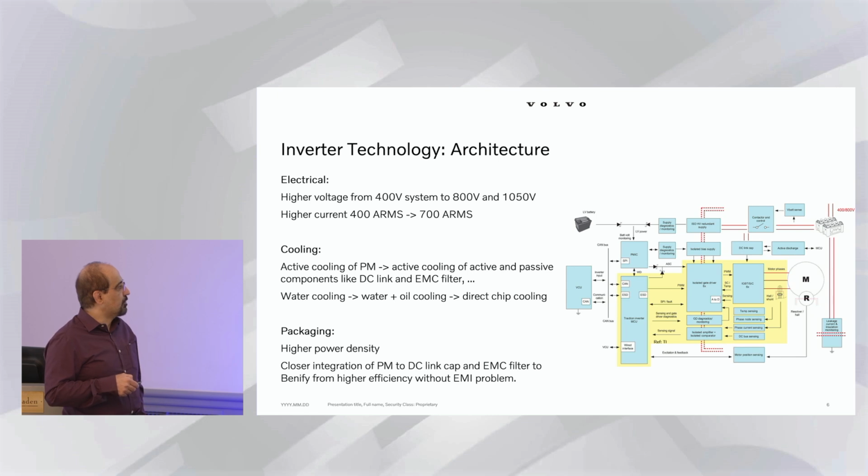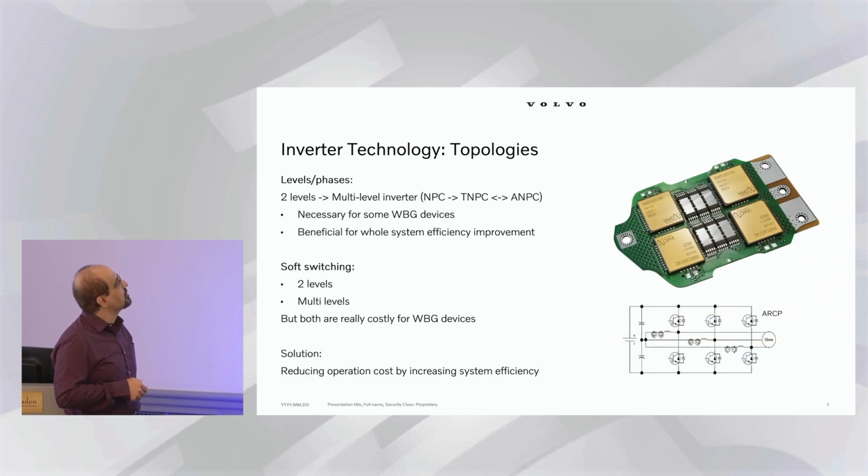Otherwise, we cannot fully benefit from inverter efficiency or deal with the EMI problem. I think this is something in architecture that can be affected. As I said, it is not limited to that, but I limited it here.